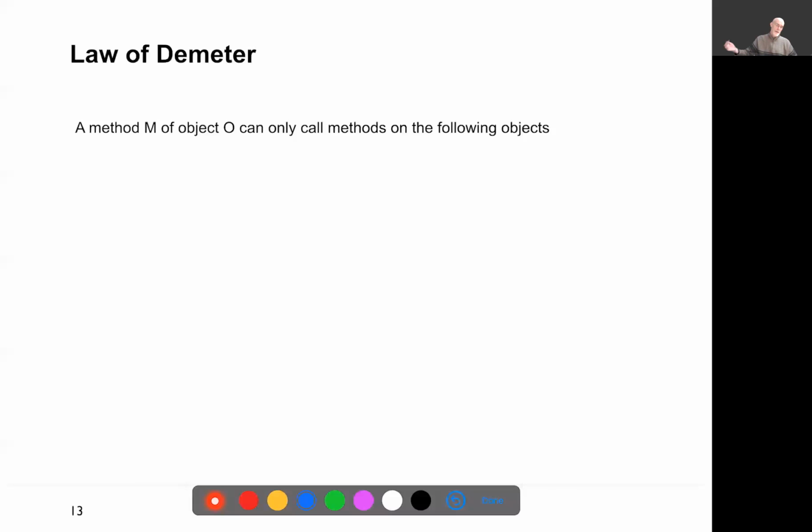So you've got an object O, and any method M in that object can only call methods on O. That makes sense. If you're a method in a class, you should be able to call methods in that same class. And that method has arguments. You should be able to interact with those arguments, right? Call methods on the arguments.